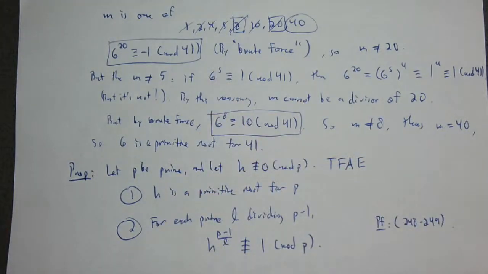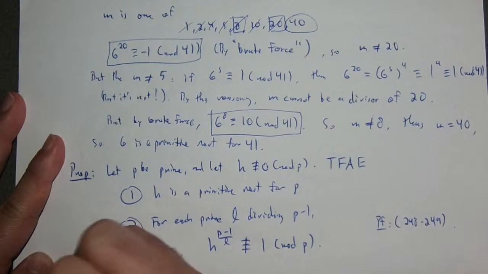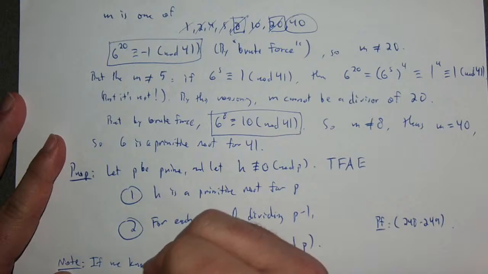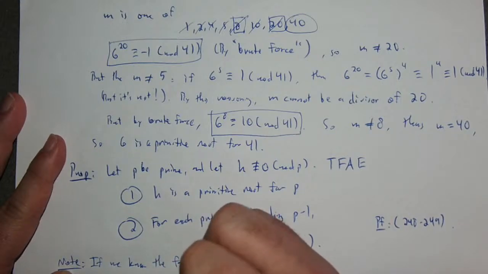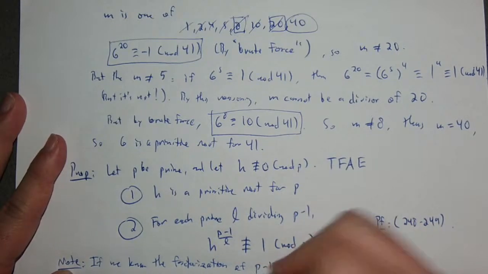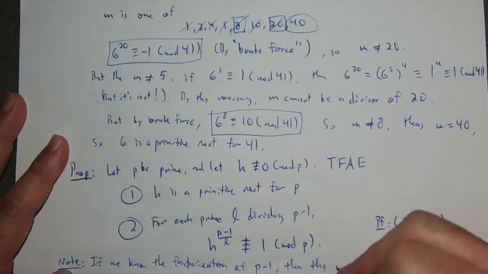So this just gives a nice, efficient way of dealing with this. Another thing that this tells you right off the bat is that this allows you to find primitive roots pretty quickly. But you have to know the factorization of p minus 1. So note, if we know the factorization of p minus 1, then this method is pretty quick.